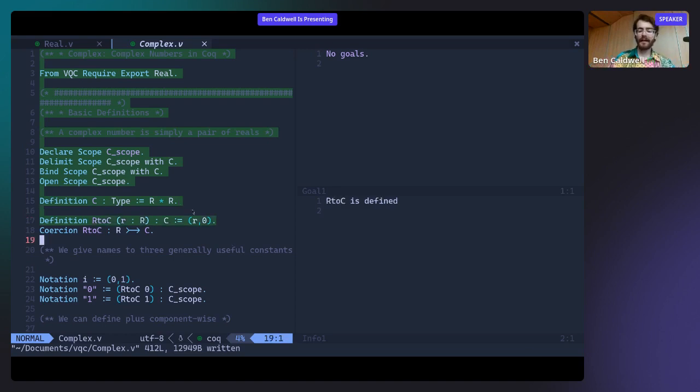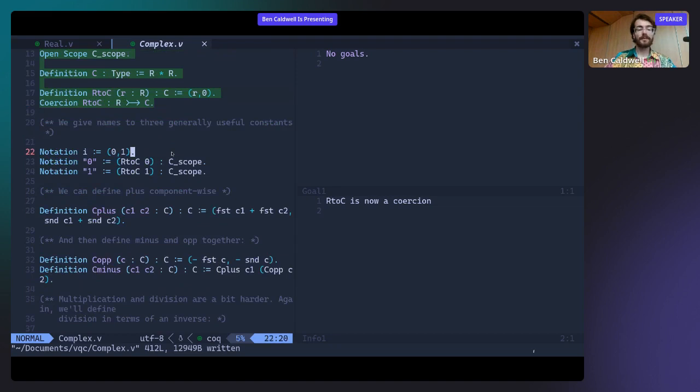And it actually gives us some very nice tools. So we can go ahead and define our coercion the same way, so that we don't have to write out all of these things based off of plus. We can use the same coercion all the way from nats, which will coerce to reals, and then reals can coerce to complex numbers for us. And so we'll have generally useful constants like I, right?